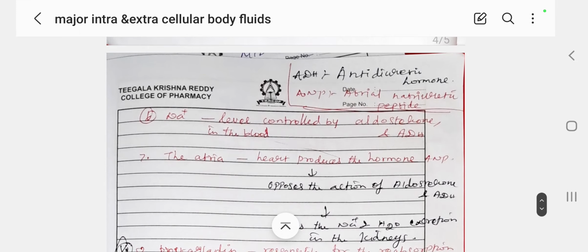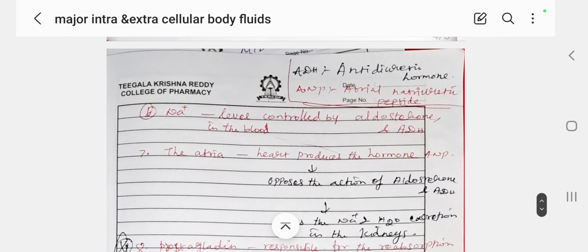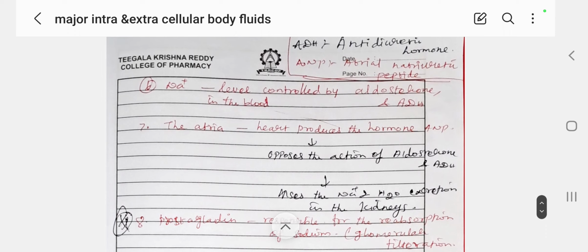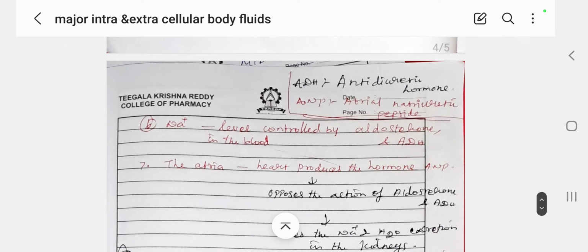Next, the sodium ion level is mainly controlled by aldosterone or antidiuretic hormone, ADH. The atria produce a hormone known as ANP, atrial natriuretic peptide.